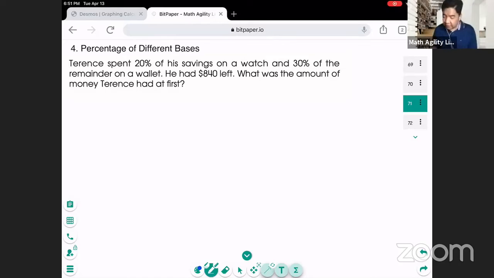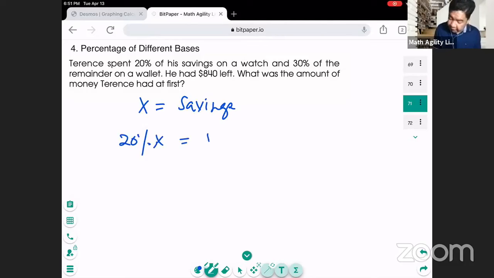So, okay, so again, I'm using the representation method. So X would be the savings of Terence, right? And what else? So it says there 20% were spent on the watch. So 20% of X was spent on the watch, and then 30% of the remainder.